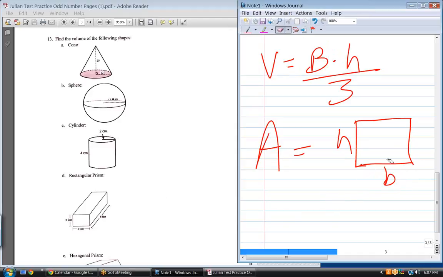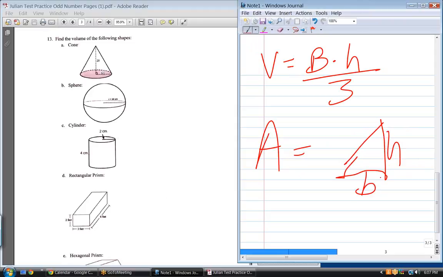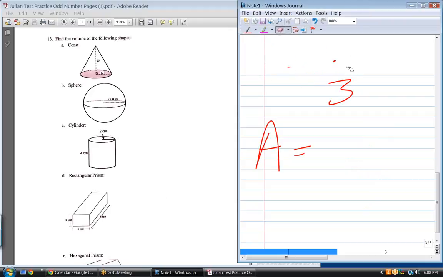This is definitely base times height, and a triangle is 1/2 base times height. That's also one-dimensional. But they use a capital B here to designate that it's the area of the base. So just be careful of that when you're dealing with volume.